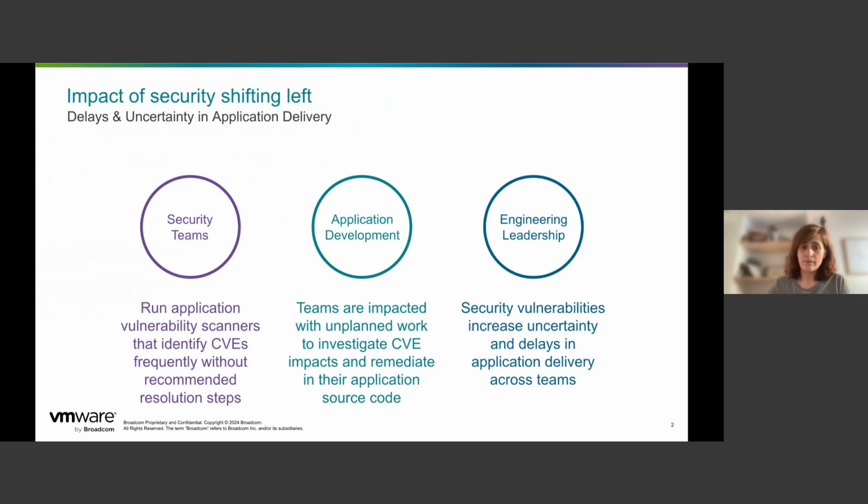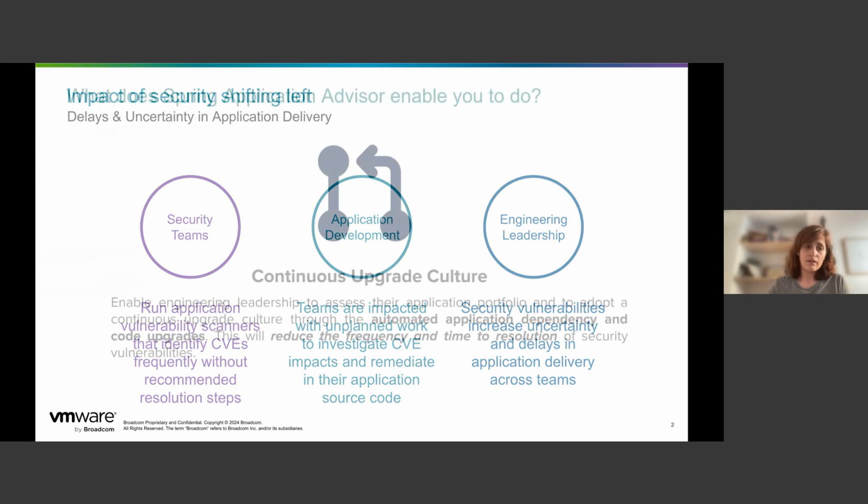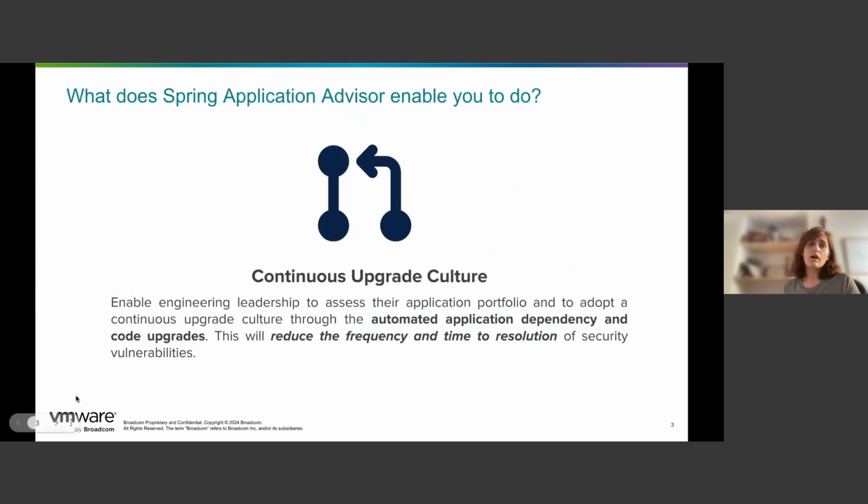So in the end, what we learned is that the main bottleneck of the shifting left approach is the lack of automatic remediations. When organizations introduce tooling to remediate new CVEs in their software delivery lifecycle, that is when we talk about implementing a continuous upgrade culture.